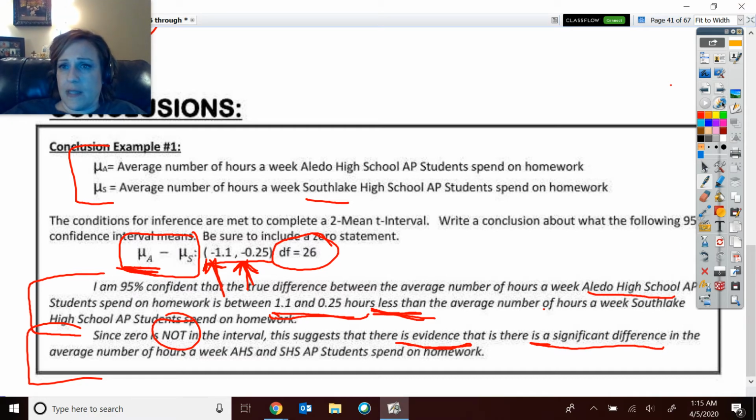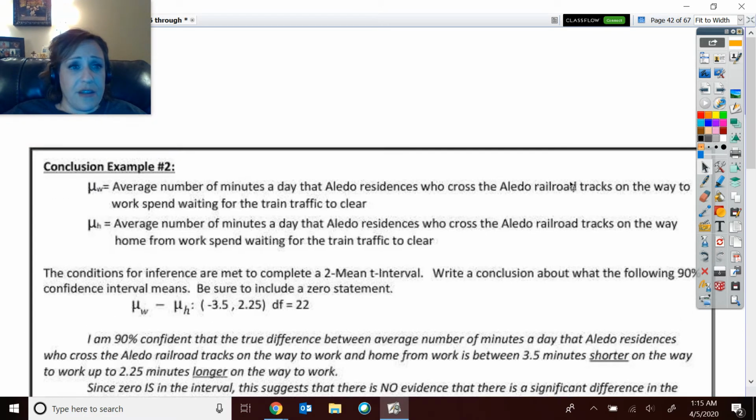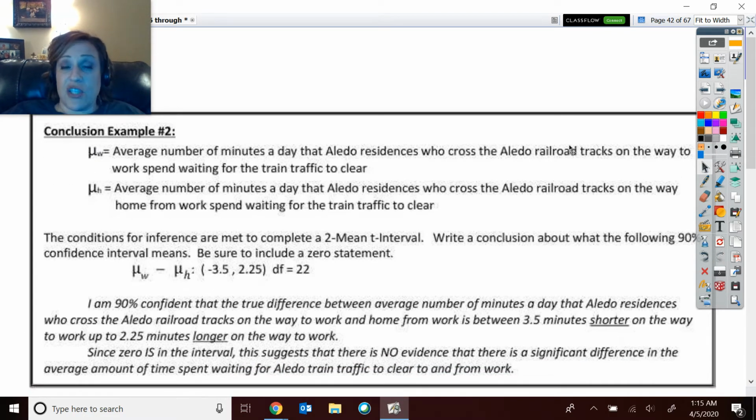Okay, let's see what the conclusion might be like if the interval does include zero. This one's about Alito residences who cross the railroad track on the way to work and the way back.